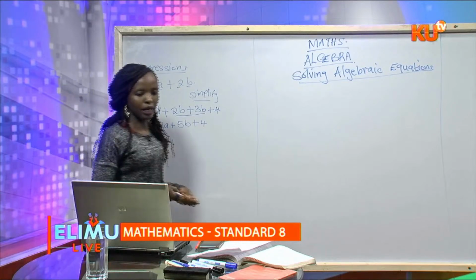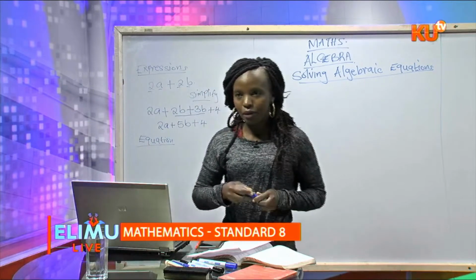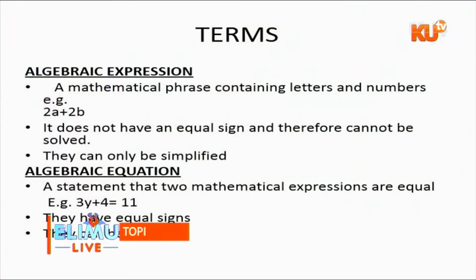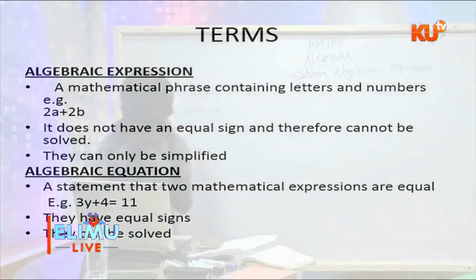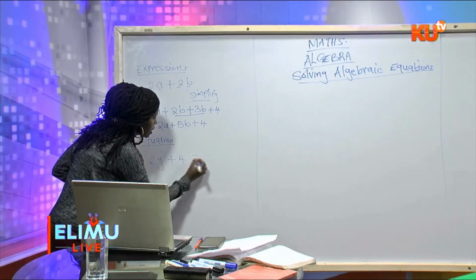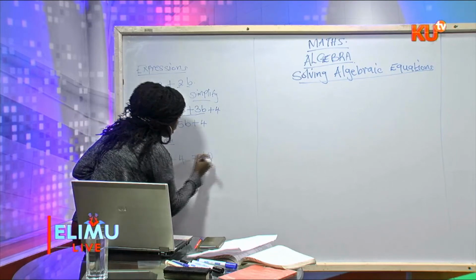So what is an algebraic equation? An algebraic equation is a mathematical statement with two mathematical expressions that are equal. For example, 2y plus 4 is equal to 10.